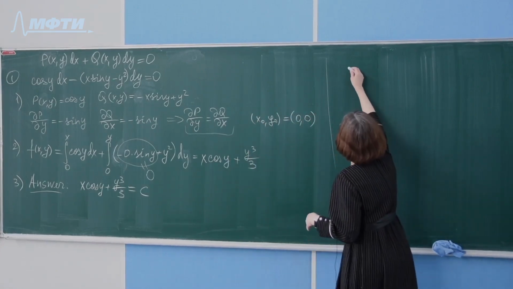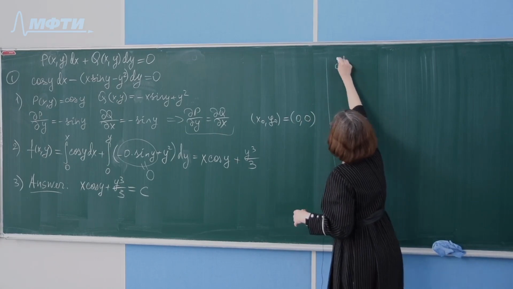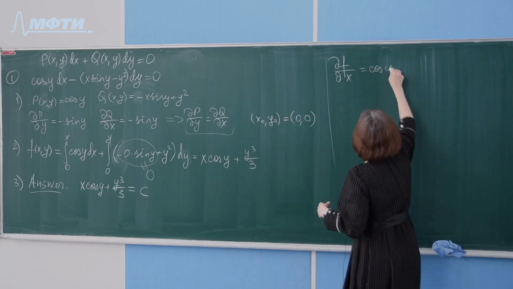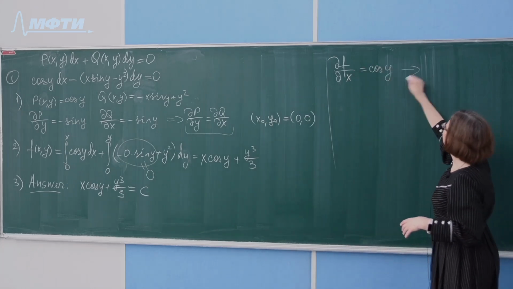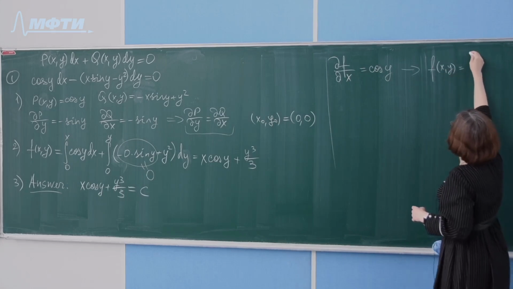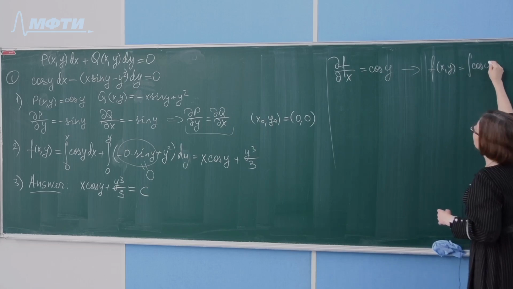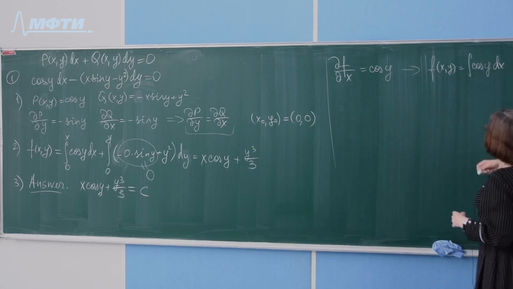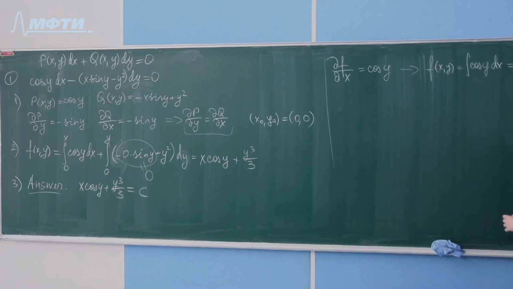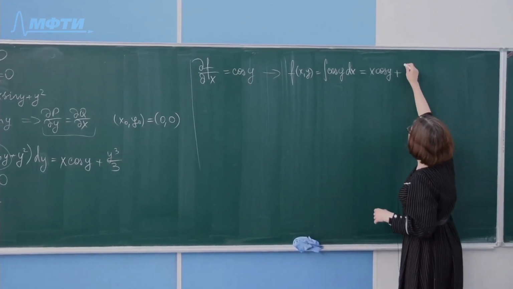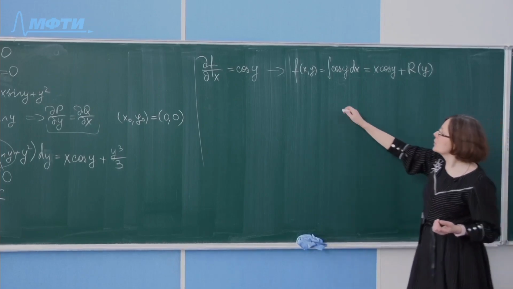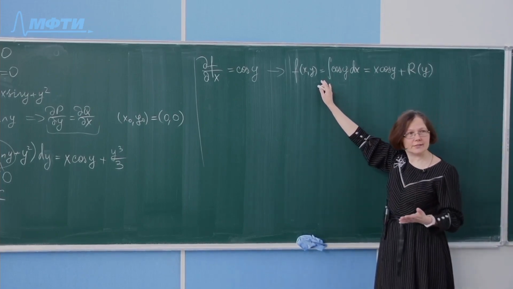Then we are trying to find the function f such that df over dx equals cos y. Then our function f will be, so we should integrate cos y dx, and this will be x cos y, plus some function depending on y, because this is done with y fixed.